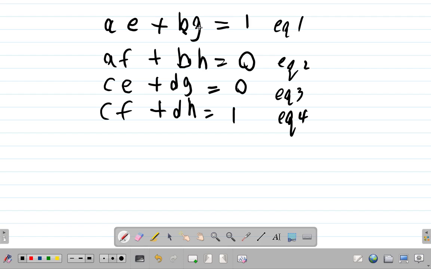So, let's see. We transpose equation 1. It says AE plus BG equals 1. If we subtract AE from both sides, we have BG is equal to 1 minus AE.